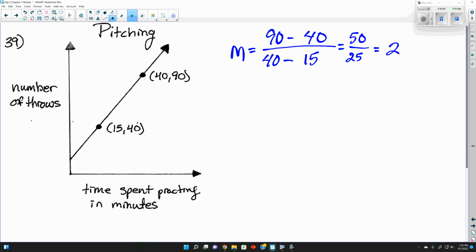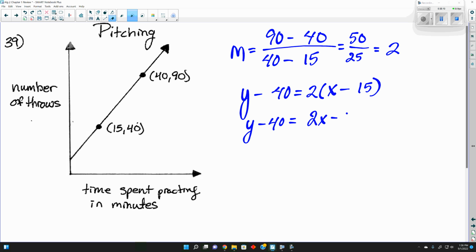Now we need to plug this back in with a point. So we need to pick one of the y values. 40 equals 2 times x minus 15. We can distribute the 2. 2 times x minus 30.